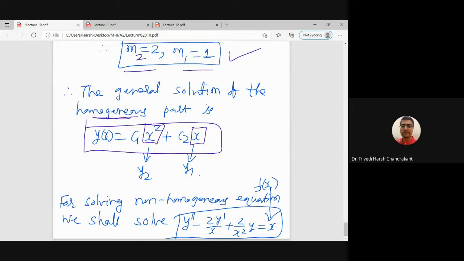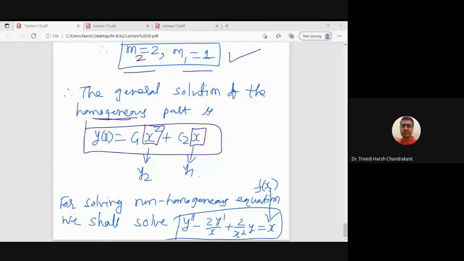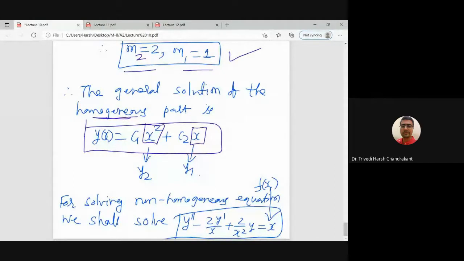But now we want to find the solution of the non-homogeneous equation. For this, we know we can apply the variation of parameter method, and we can apply it only when the coefficient of y double dash in the equation is converted into 1.